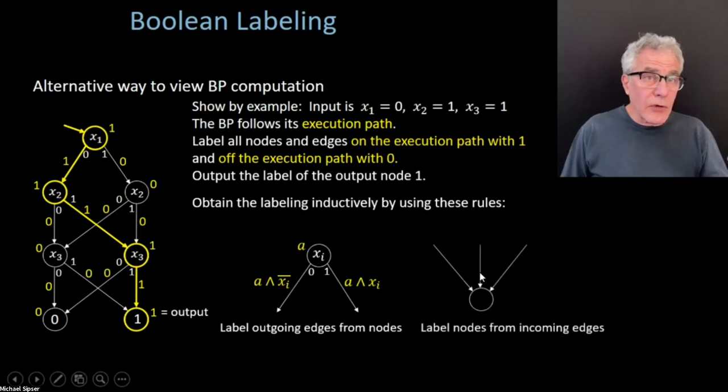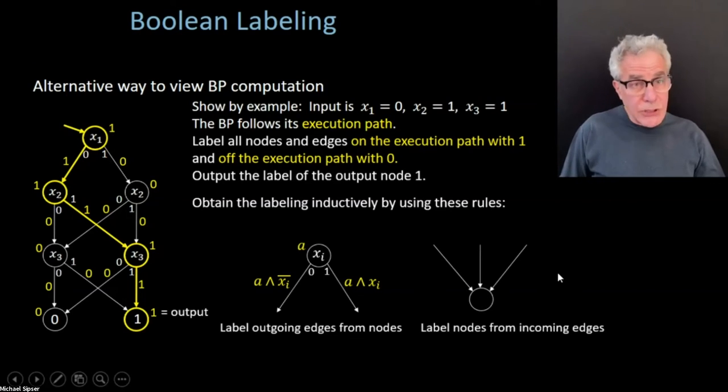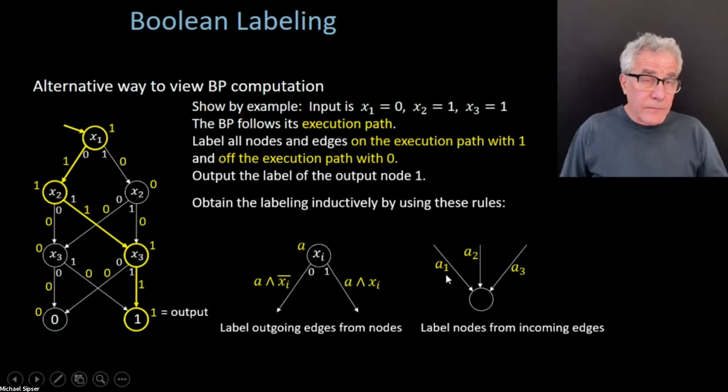And similarly, in order to complete the picture, I've got to tell you how to label the nodes based on the edges that are coming into it. So if I know that I have A1, A2, and A3, which tell me whether the path went through any of these edges, well, I know that it's going to go to that node if it's the OR of these values.